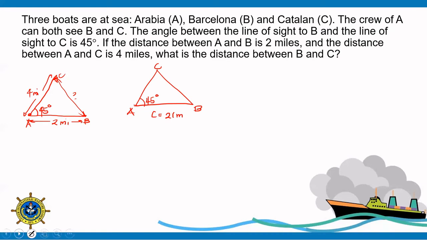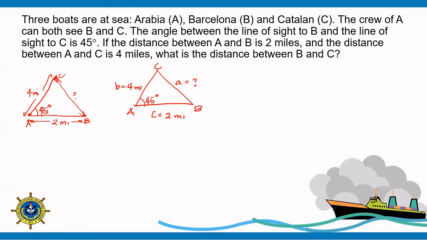Let me just erase this part here. Okay, so this is 2 miles. And then ito naman yung side na to na opposite sa angle B. So this is B. So this is 4 miles. So ang hinahanap natin is this side here, which is equivalent to side A. Yan. So yan po ang ating unknown.